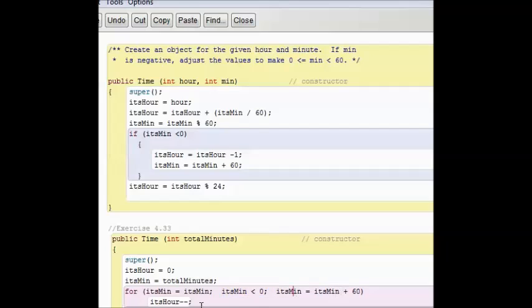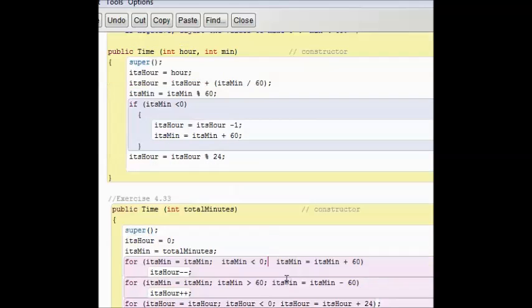So we're going to keep on adding 60 minutes until it's a positive number, okay? And every time we keep on decrementing an hour until it becomes greater than 0. The other situation is if the number of minutes is greater than 60, what we do is we keep on incrementing the hour and taking away 60 from the minutes until it's less than 60.